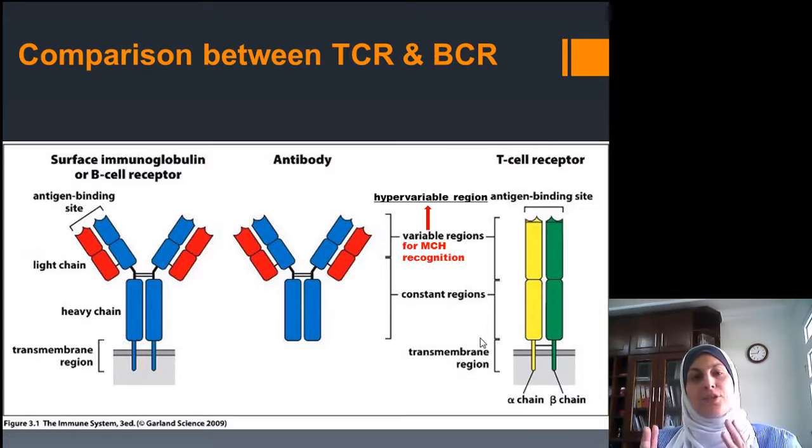The T cell has to do the job itself, and the T cell receptor should transmit the signal to the T cell to conduct the function, while the B cell is more resilient. It can act as an antigen-presenting cell, and it can act as an antibody-producing cell, so it has a different form of function compared to a T cell.